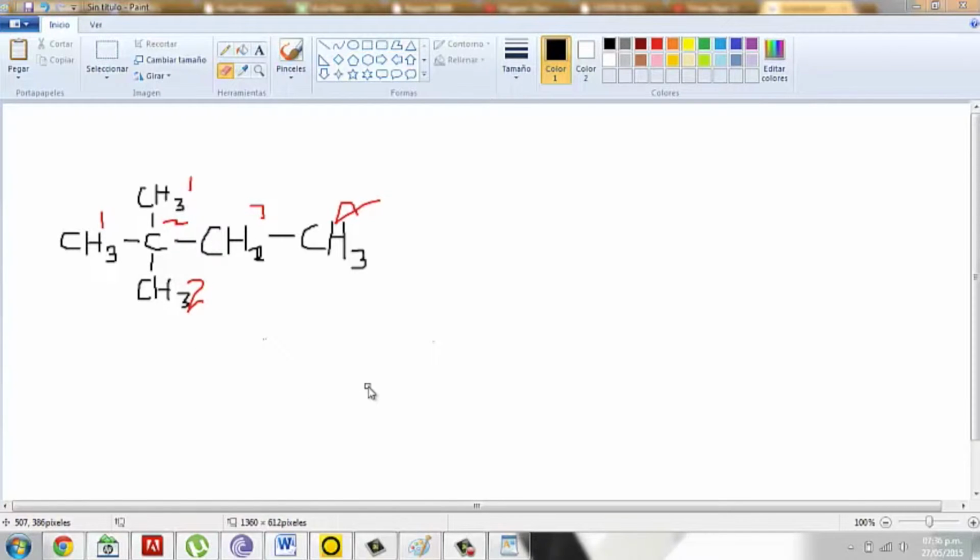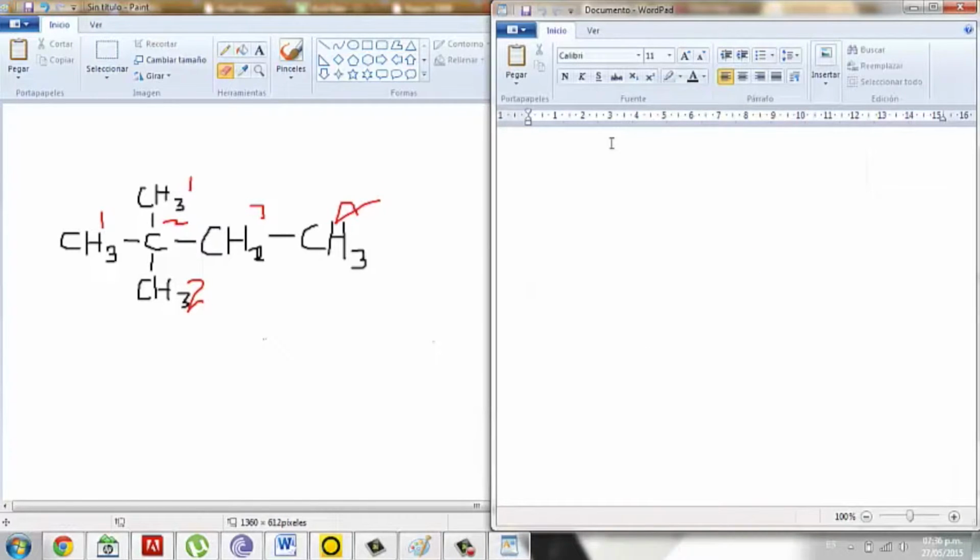We write the name as a single word: 2,2-dimethyl, and because there are 4 carbon atoms on the main chain, butane. And we're done with this exercise.